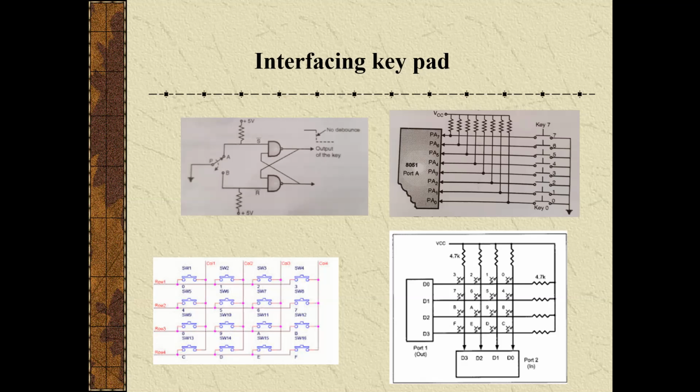Here only 7 or 8 keys are used. If we want to increase the number of keys, we have to connect them to another input port, but there are only 32 port pins, and we cannot use all of them because all the pins of the microcontroller are multifunction.